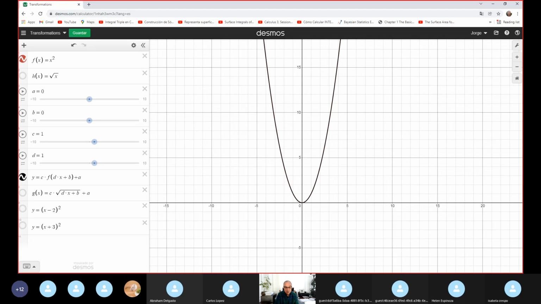Now let's move on to D, the horizontal stretch, compress, or reflecting. Change D. But with D it's not clear, so I propose to change the function. No parabola anymore.